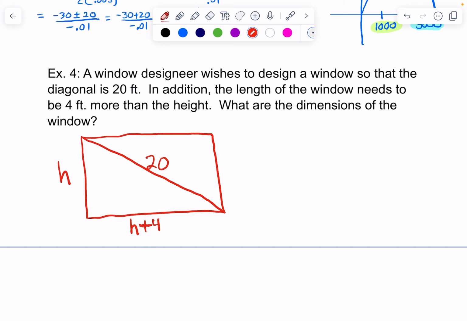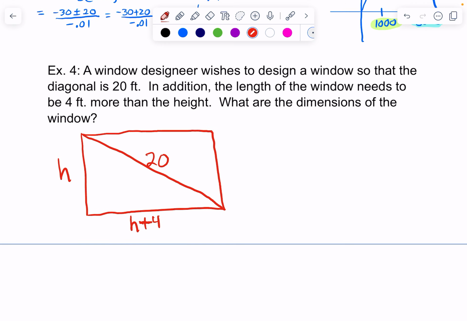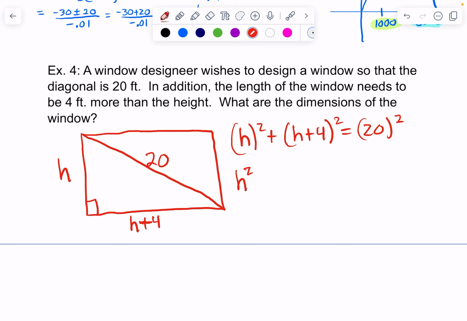So here we can use what's called the Pythagorean theorem, which we have investigated several times before. So a squared plus b squared equals c squared. So I've got my h squared plus h plus 4 squared, which, remember, is a perfect square. So it's the square of the first term plus 2 times the first times the second.